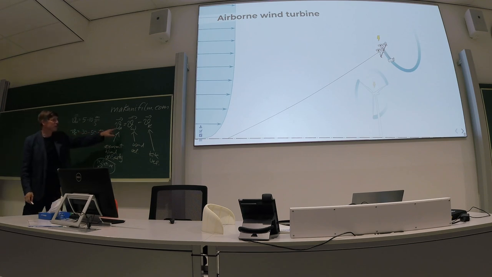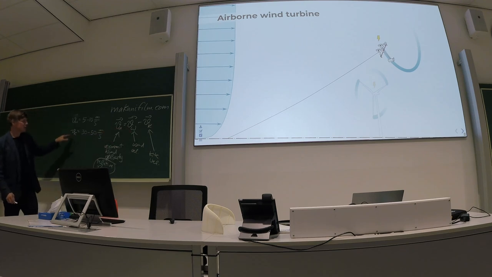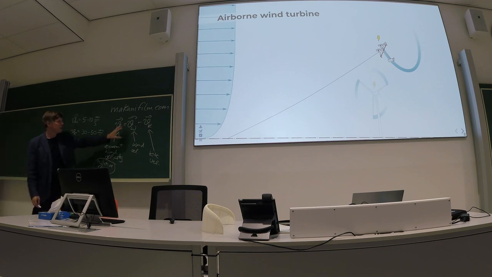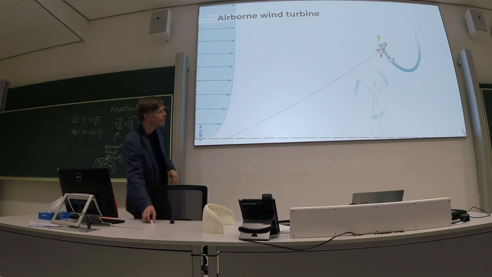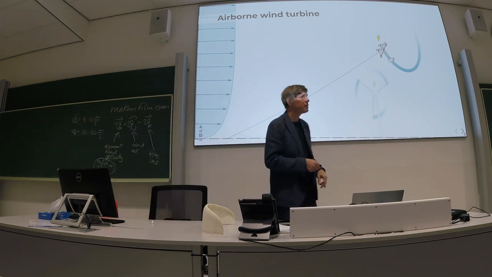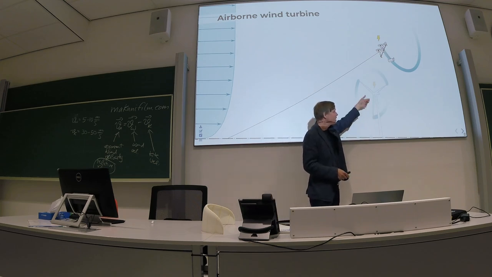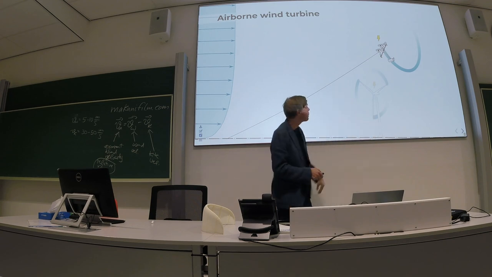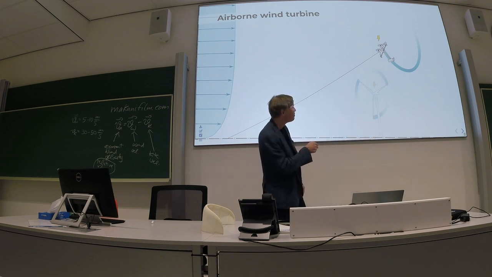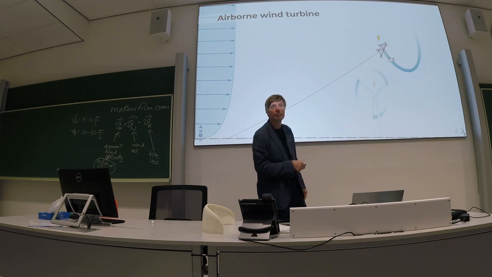You can see this is a vector equation, I should say. So these are really vectors. These are the magnitudes of these vectors, but you can already see that even for a lower wind speed with a high kite speed, you create a much higher apparent wind speed. That's the underlying principle that is exploited here. With the rotor of a wind turbine in an airflow in a wind, you get very high speeds typically only at the tip.